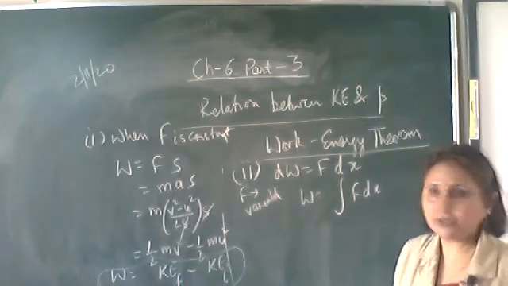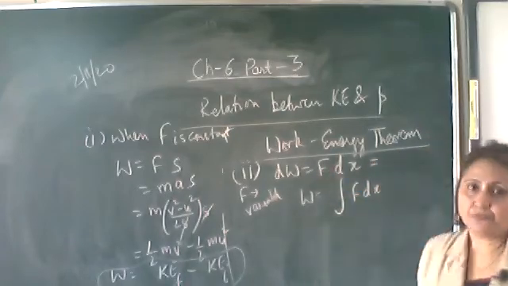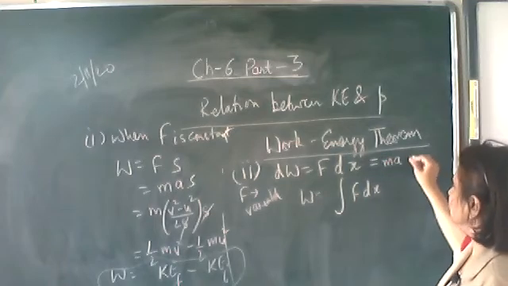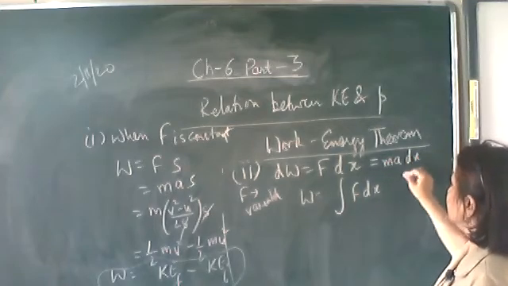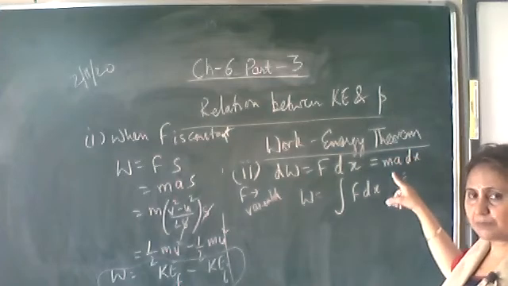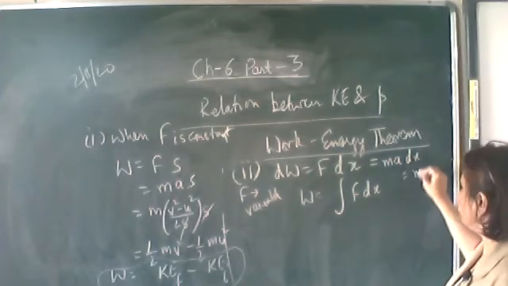First we'll substitute force as mass into acceleration, and acceleration is equal to dv upon dt. dx upon dt is velocity. So what do we get?